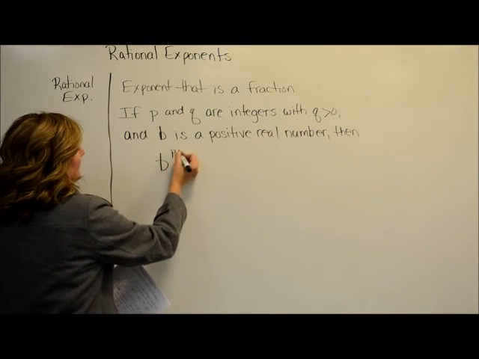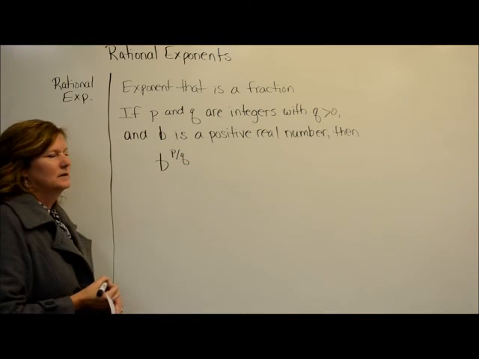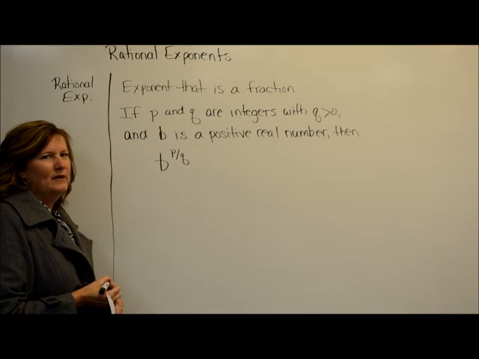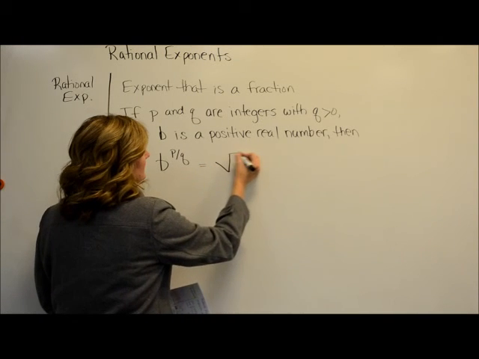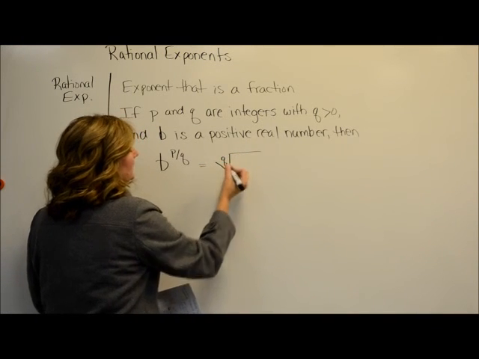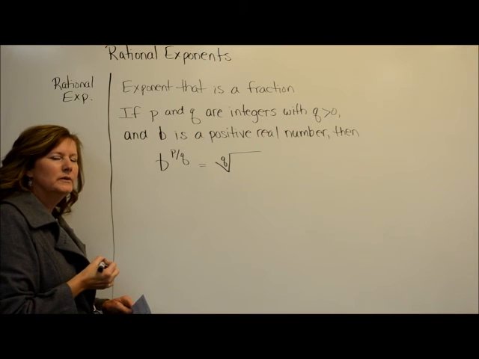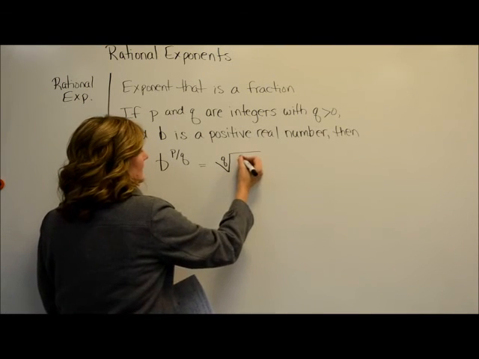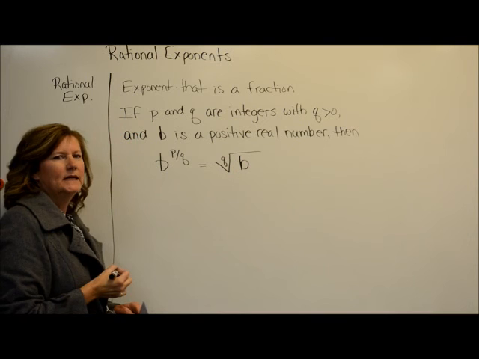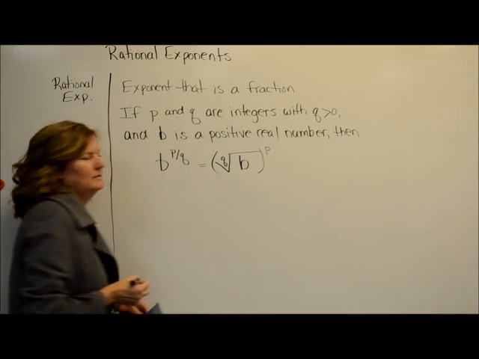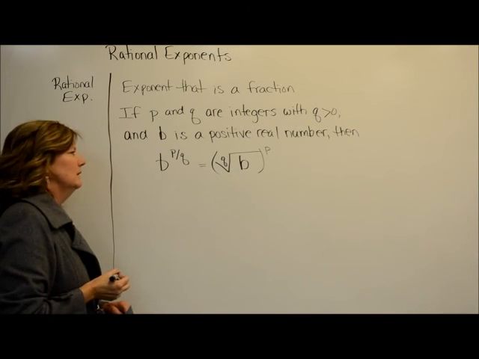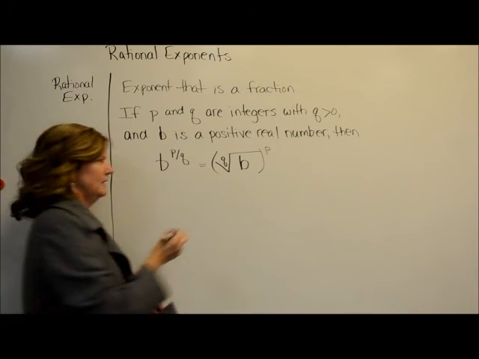B to the P over Q, there's my rational exponent, equals the Q root, so there's the Q, of B raised to the P power. You can write it that way, that's the way we use it a lot of times.